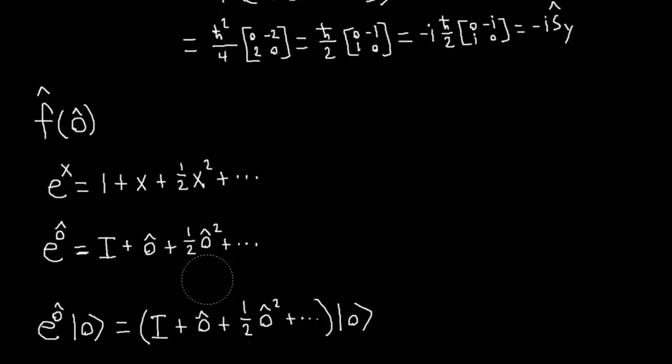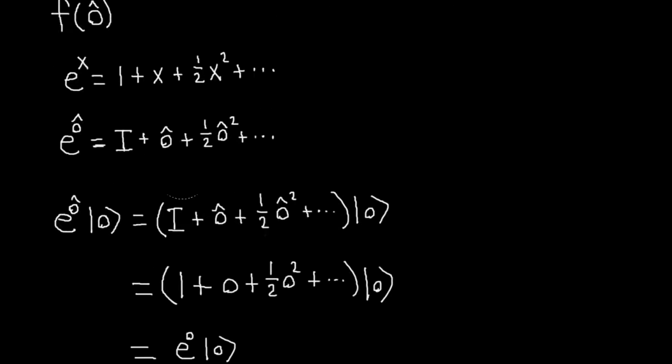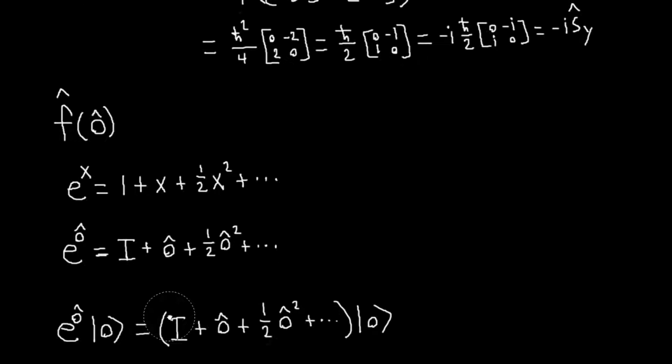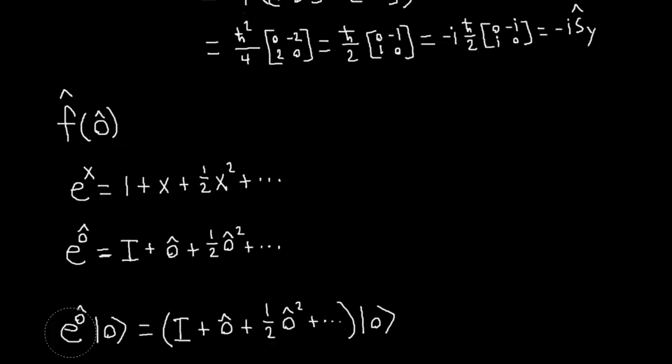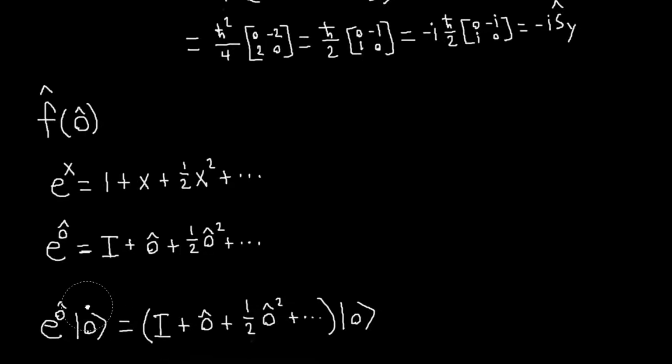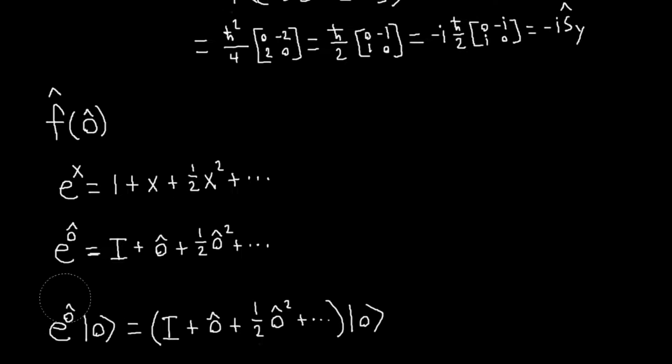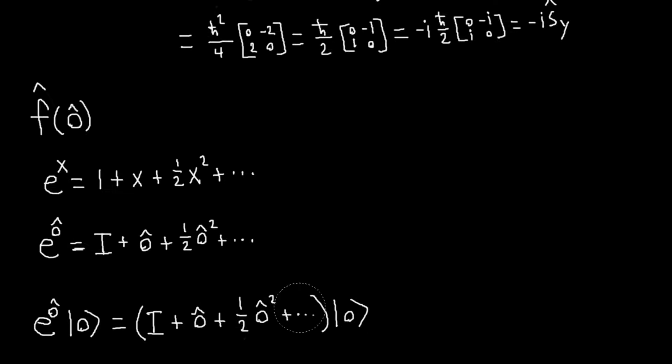One interesting property that functions of operators have is this: let's see what happens when I apply e to the O to an eigenstate of my O operator. I can work that out by writing out this Taylor expansion for the operator, and each of these terms will act on the eigenstate.